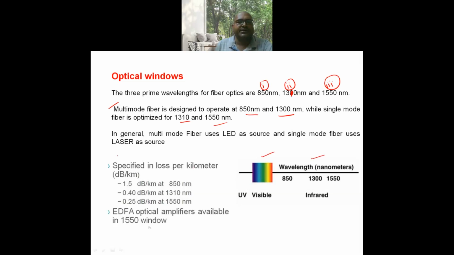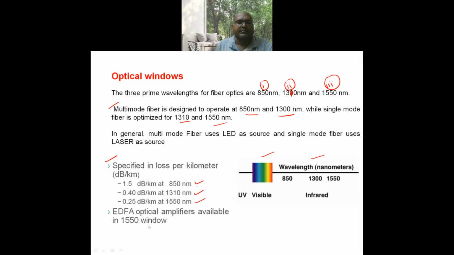The specified losses in dB per kilometer for different windows: for the 850 nanometer window, the loss is 1.5 dB per kilometer, for 1310 nanometer, the loss is 0.40 dB per kilometer, and for the third window, it is 0.25 dB per kilometer.